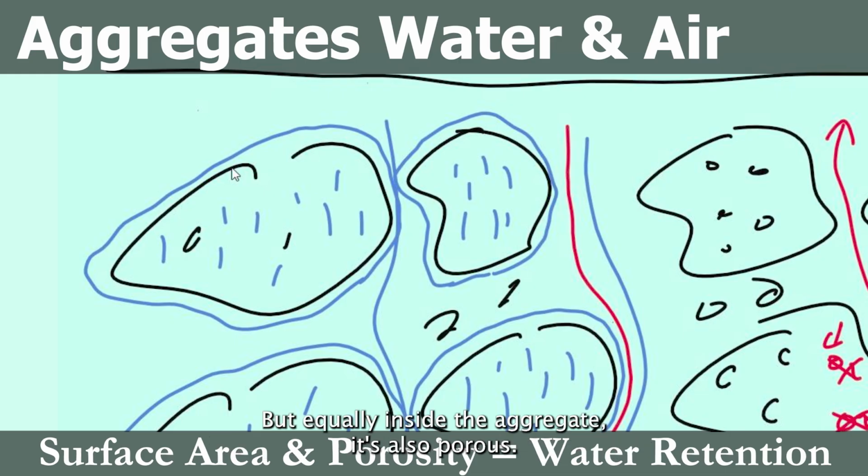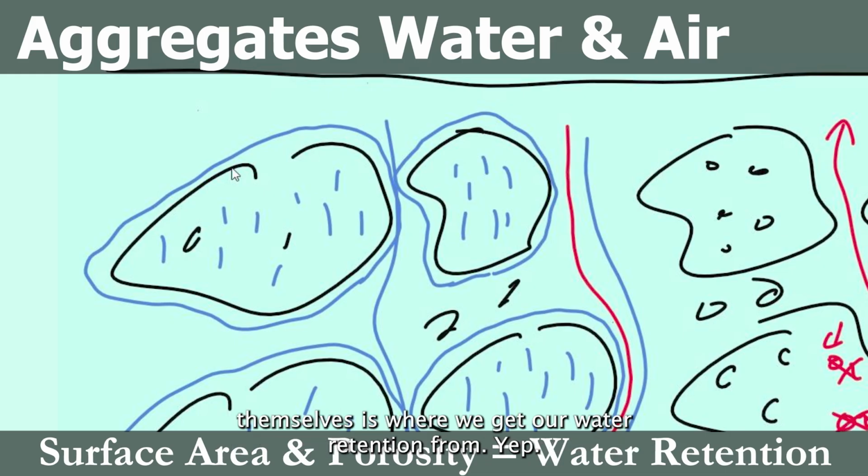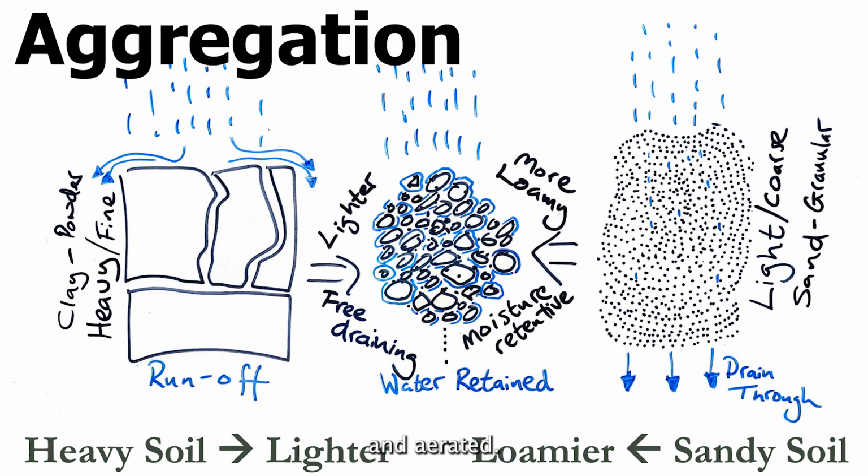But equally, inside the aggregate, it's also porous, it's hollow inside, or it's got a honeycomb structure, if you like. So it's got a sponge structure, which means it can soak up water. So the surface area and the porosity of the aggregates themselves is where we get our water retention from. So that now means that we can have soils that are fully hydrated and aerated.